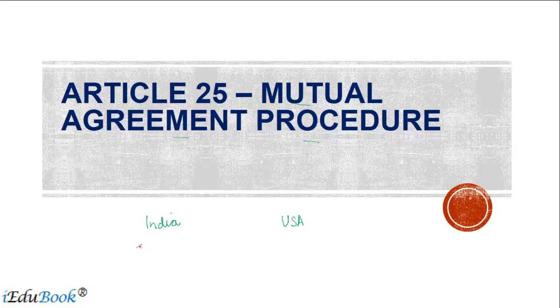And then there are tax authorities who are involved, and there are taxpayers. Now, what can happen is many a times the tax authorities, in their drive to calculate taxes, may act aggressively, right? And not necessarily be in accordance with the provision of the treaty.